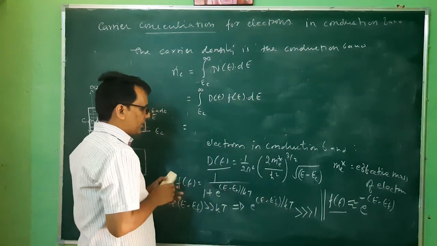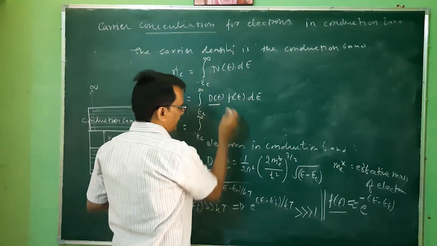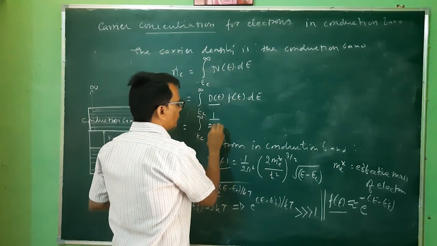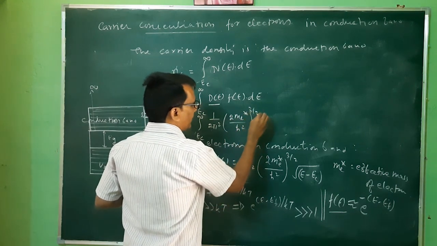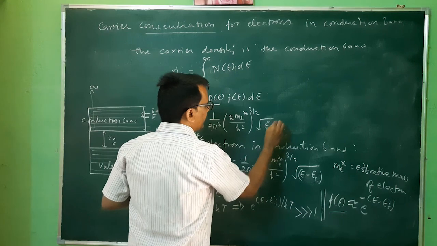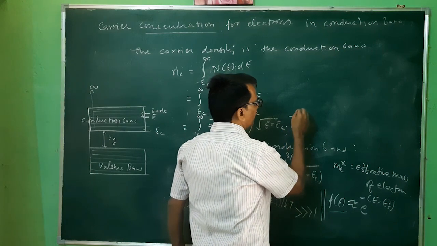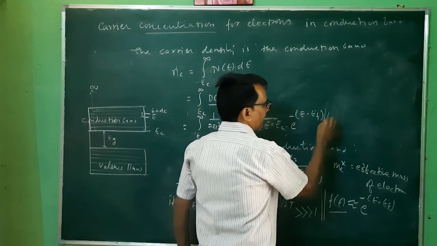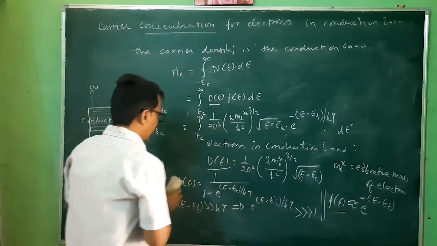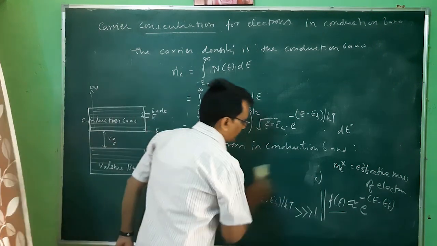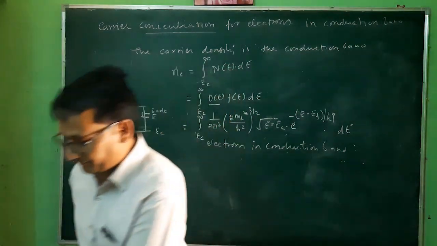By putting in those approximations, I will have the integral from Ec to infinity of 1 upon 2π² (2me*/ħ²)^(3/2) √(E − Ec), multiplied by exponential of minus (E − EF)/kT and dE, with the integration limited from the lower energy value Ec to infinity.